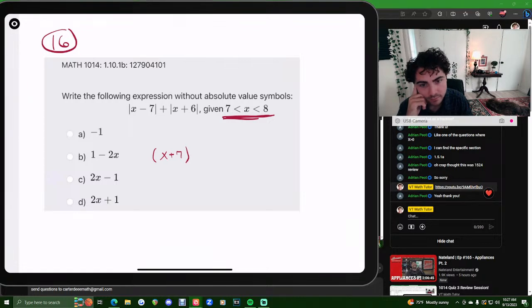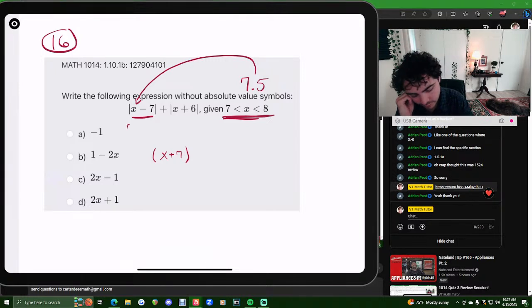They say given that x is between 7 and 8. So my approach is this. Imagine you've picked a value between 7 and 8, say 7.5, and you've plugged that value in for x here. What would that give us? What is 7.5 minus 7? Well, 7.5 minus 7 is 0.5, but more importantly, it's a positive 0.5.